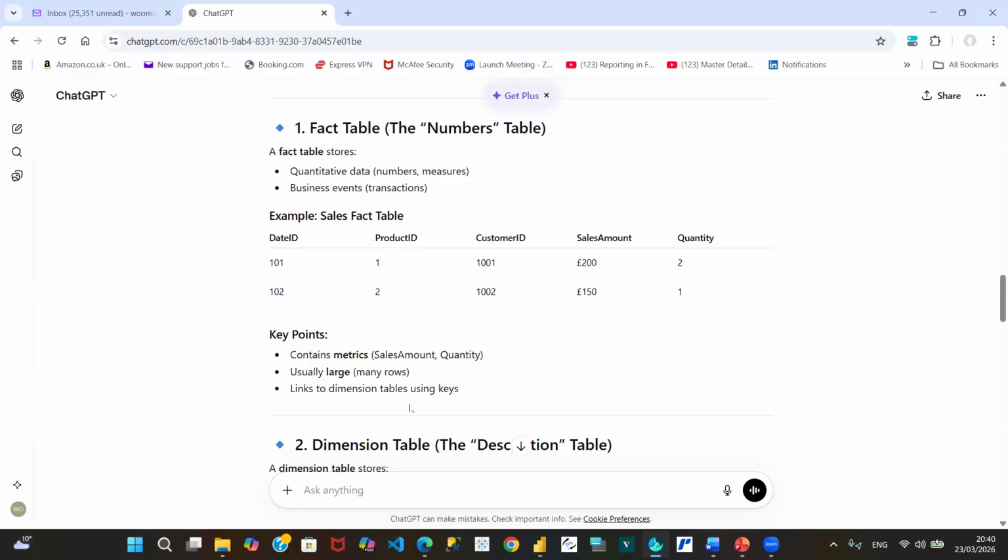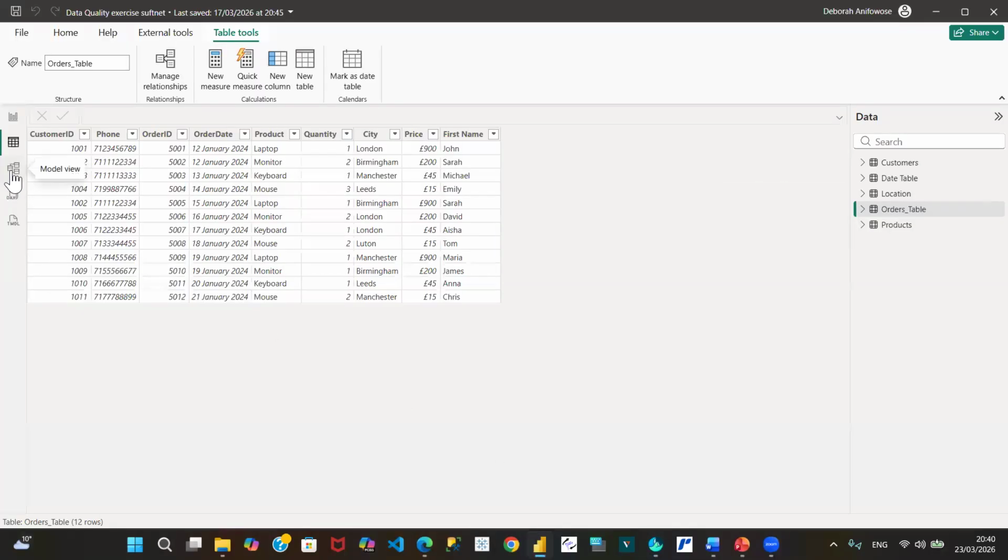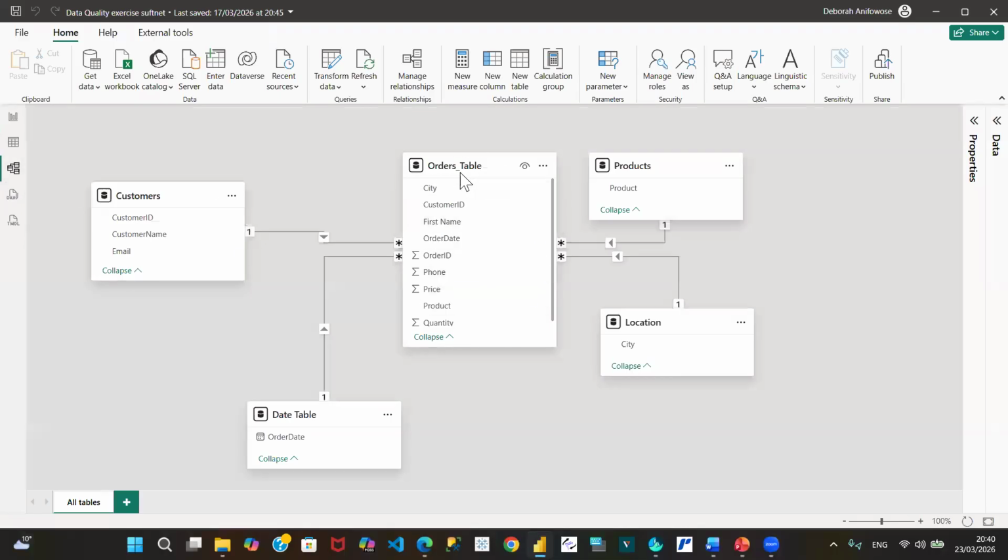It links to dimension tables using keys. It would always link to the dimension tables using keys, like we see in this case. Our fact table here, which is the orders table, is linked to all these dimensions using keys. Customer ID is a key. In this case, we used product name as a key.